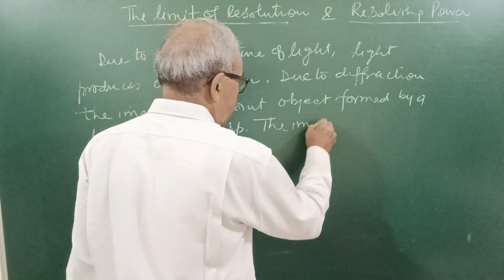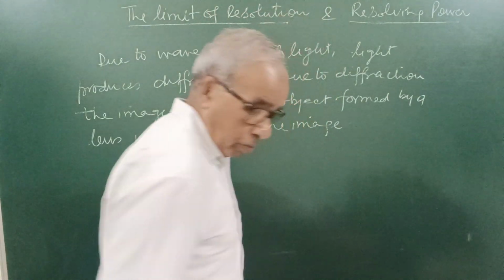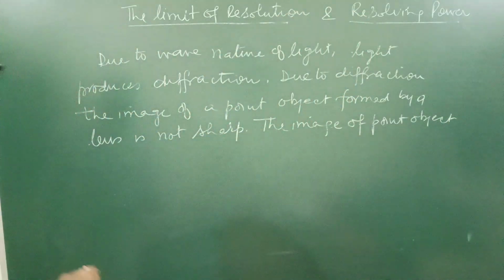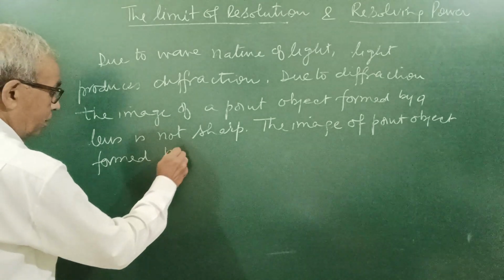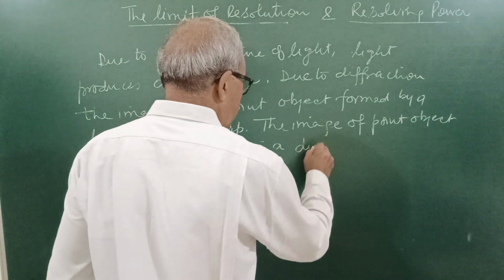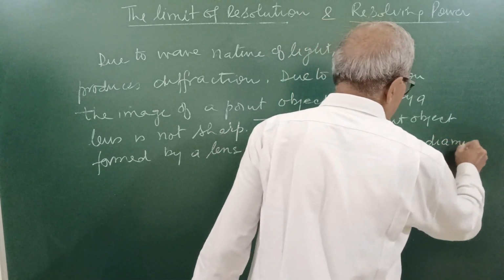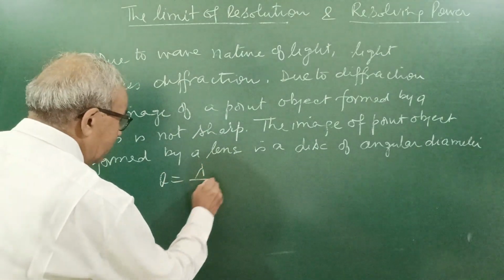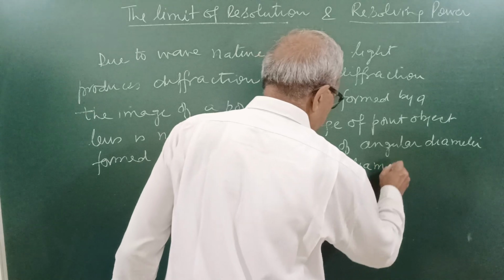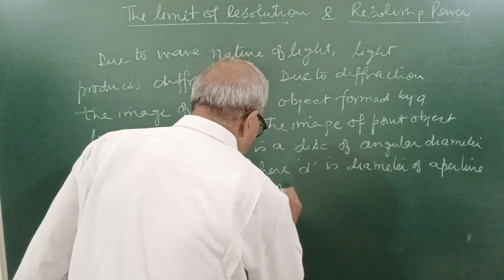The image of a point object formed by a lens is a disc of angular diameter theta equal to lambda by d, where d is the diameter of the aperture of the lens.